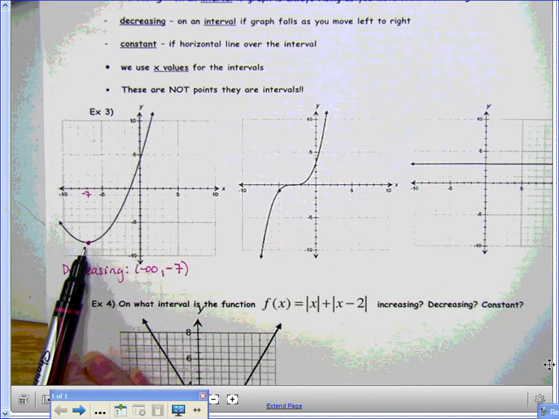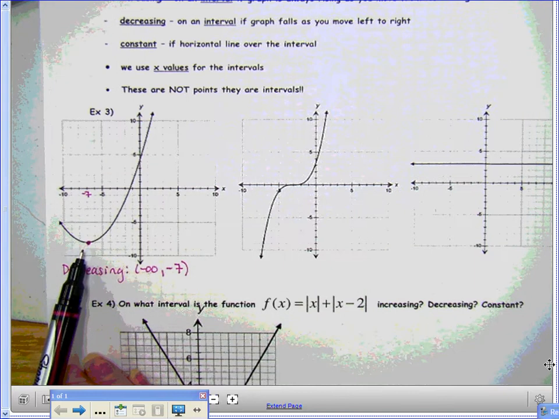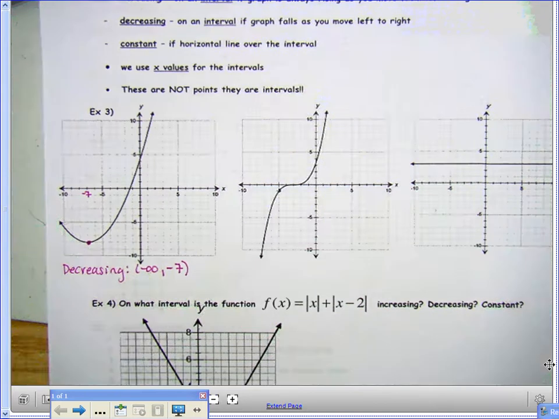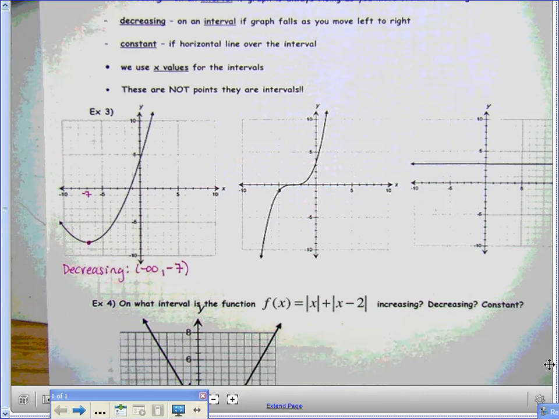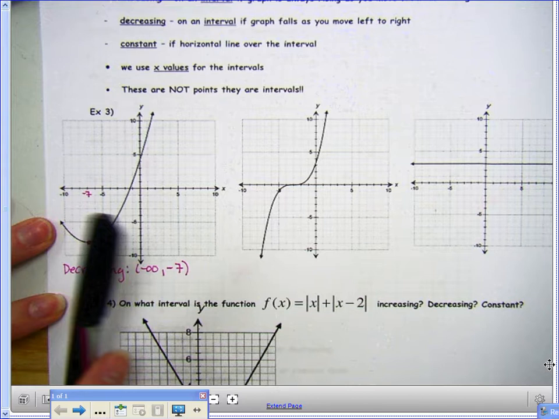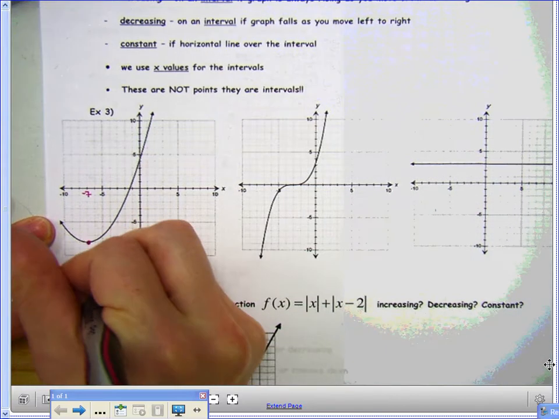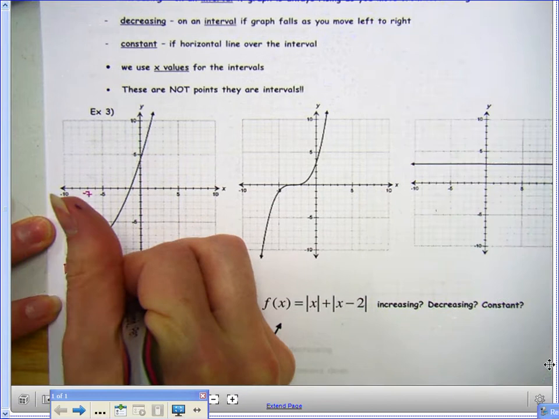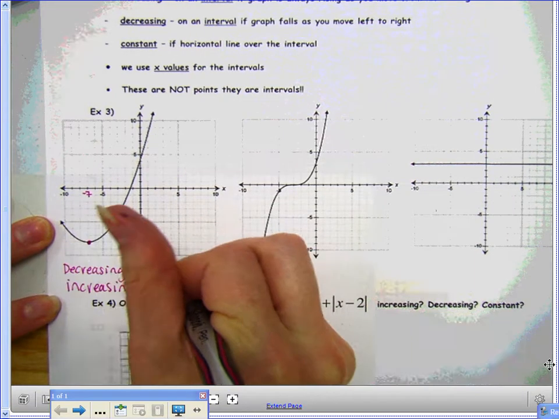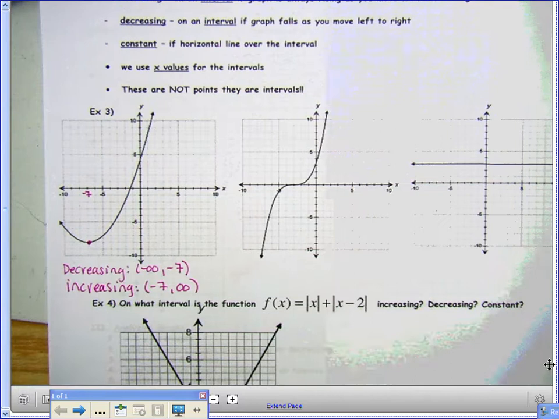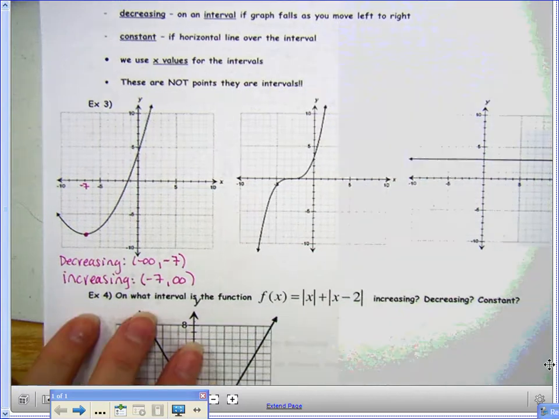So we don't say that negative 7 is increasing or decreasing. It's neither, since it's the point that we're changing over. So we use parentheses. And then from negative 7 on, we said we were increasing. So parentheses, negative 7 to infinity is how I would write that.